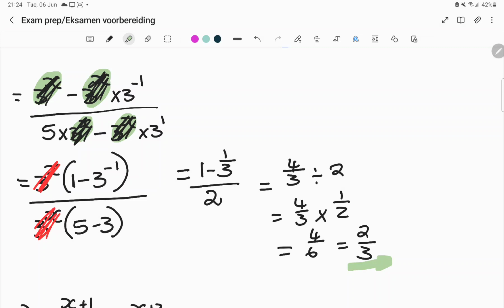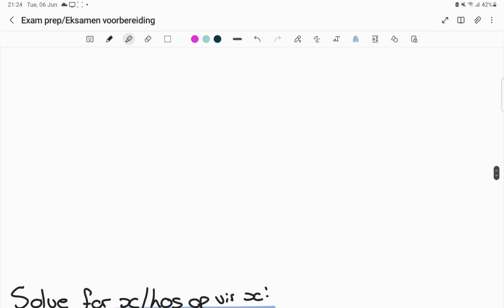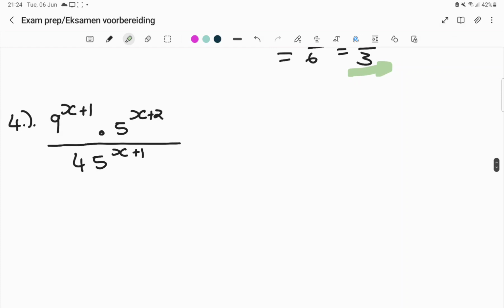Definitely use your calculator in these steps so that you don't lose unnecessary marks. Make sure you still show all your steps, but you're more than welcome to check, did you do the correct thing with your calculator? So in part 3 we are going to continue with a few more examples as well as other questions you can expect.